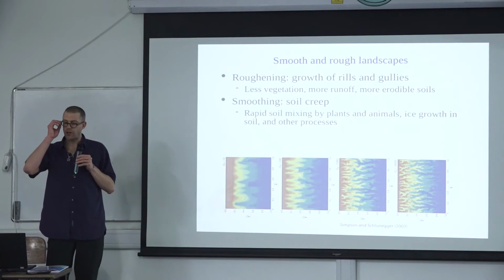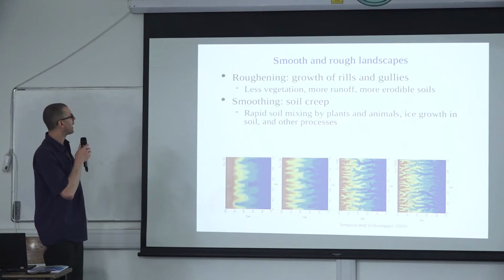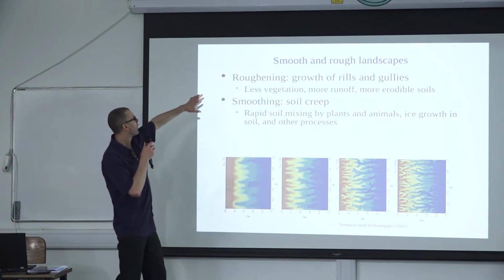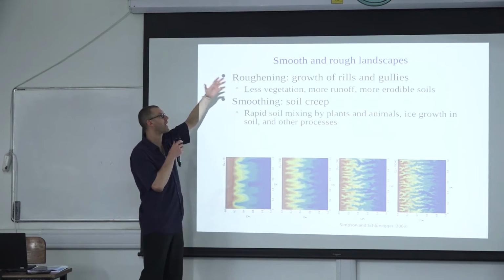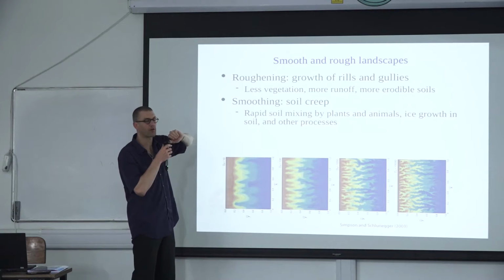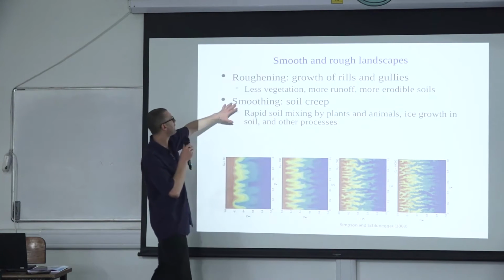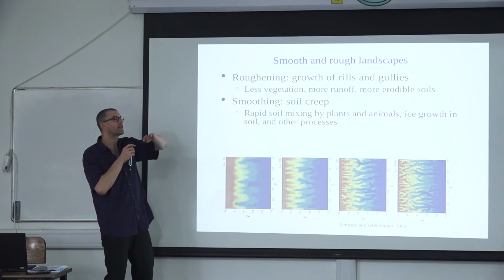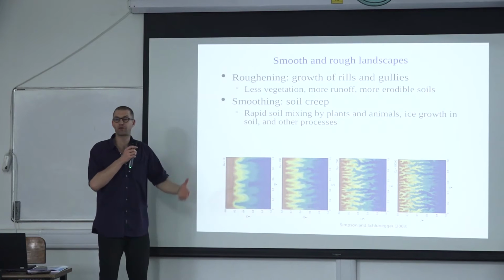Generally speaking, when you see the topography, and you all know that because you have been in the field, when we see topography that is fairly rough, we know that we have maybe gullies, rills, landslides, or something along those lines. Examples are those guys here. And when we see gently rolling hills, smooth topography, we know this is a soil creep process.